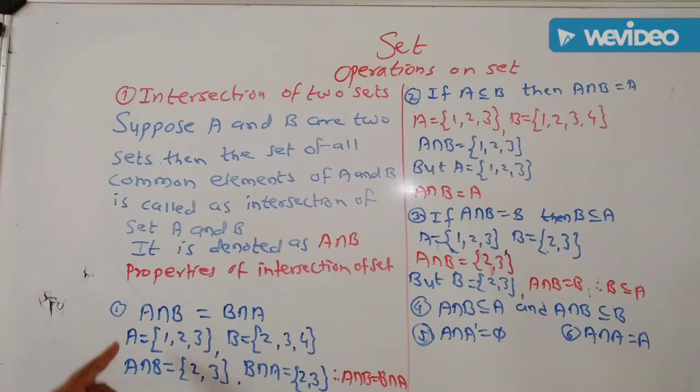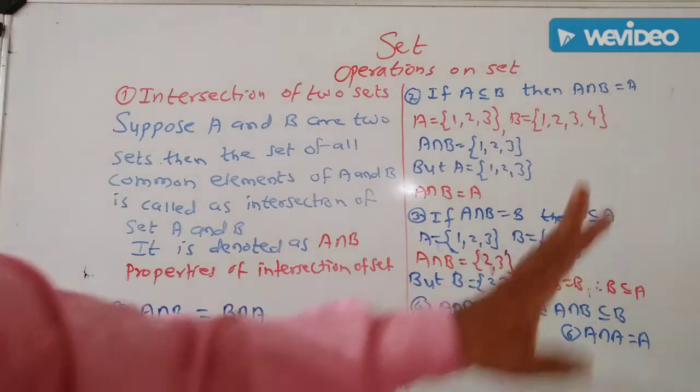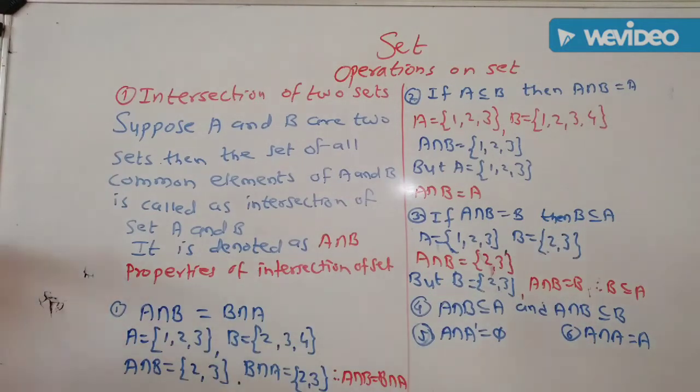Every element of A intersection B is an element of set A. Also, every element of A intersection B is an element of set B. Therefore, if two sets are given, then their intersection is always a subset of both the sets. That means A intersection B is a subset of A and A intersection B is a subset of B.